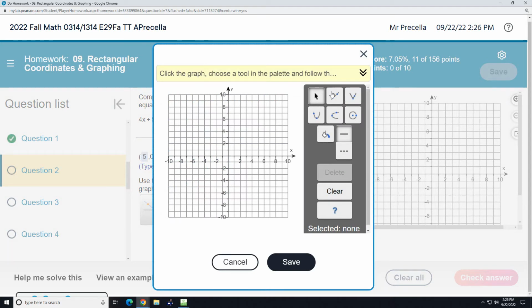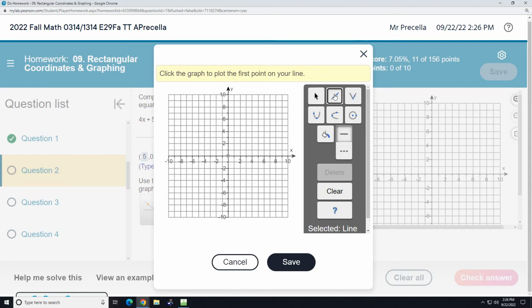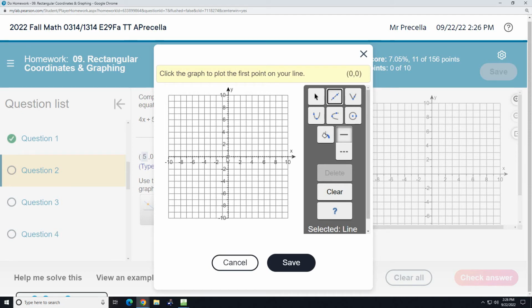Once again, we know this is a line, and the order in which you plot the points doesn't matter. You can plot 5, 0 first. That second point that we found, you go to the right 5 and up 0. And then the other point, 0, 4.